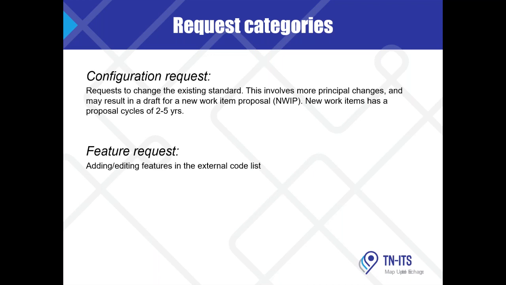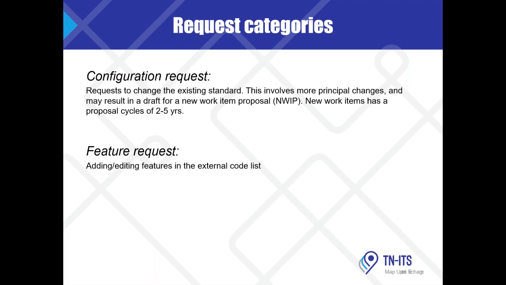So we have made a quick and simple flow chart of how we proceed and take the incoming requests and process them. With an incoming request, we process this within the workgroup 2 and decide if this is a configuration request or a feature request, as described earlier.